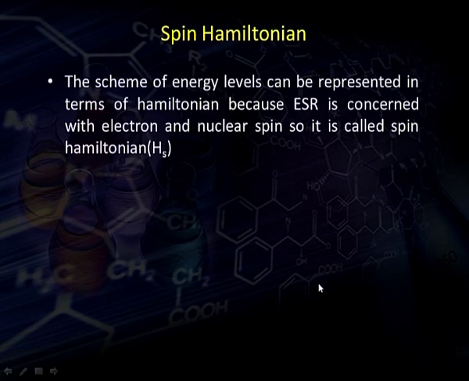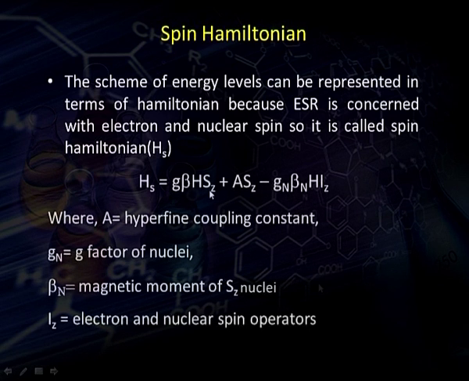Next topic is the spin Hamiltonian. The scheme of energy levels can be represented in terms of the Hamiltonian because ESR is concerned with electron and nuclear spin. So, it is called the spin Hamiltonian and it is given by Hs. The spin Hamiltonian Hs has the formula: Hs equals g beta H Sz.